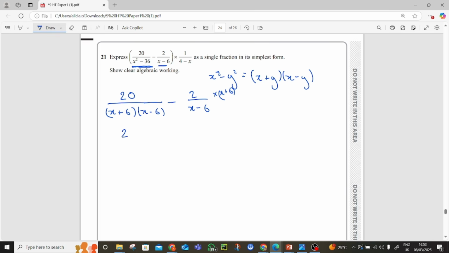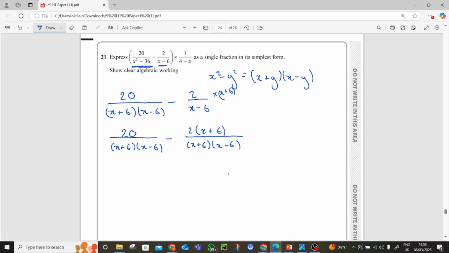So we have 20 over (x plus 6)(x minus 6), minus 2(x plus 6) over (x plus 6)(x minus 6).